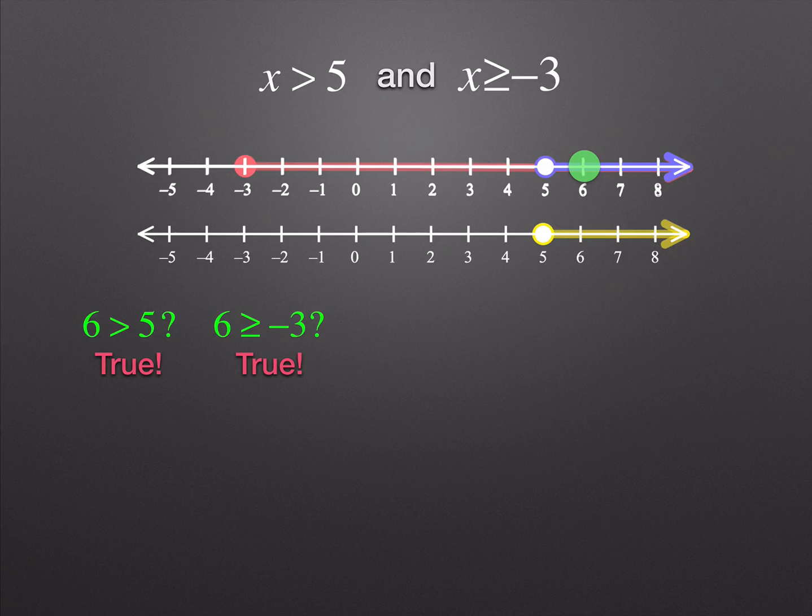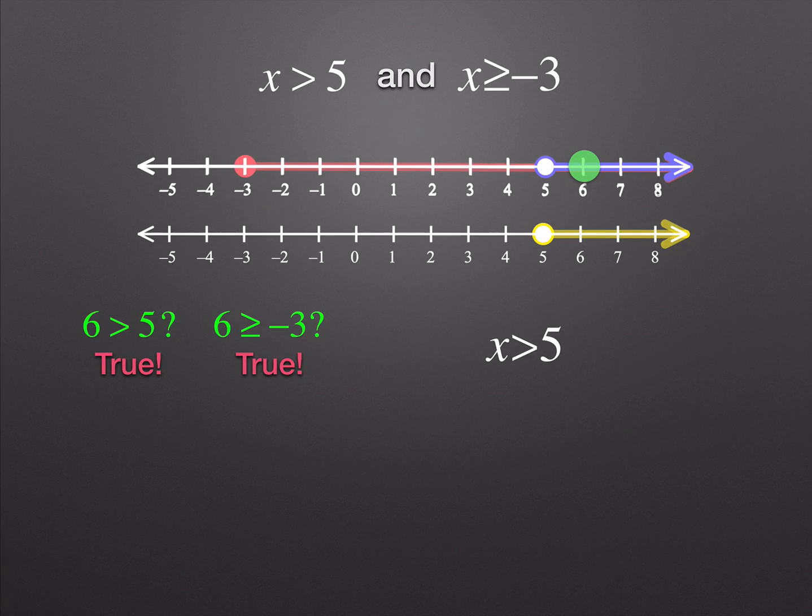So we can see when we're talking about and, we want to have where both parts of that graph occur. If we don't have where both parts of that graph occur, then it's not going to make both of those sentences true. So my solution for this inequality is x is greater than 5.